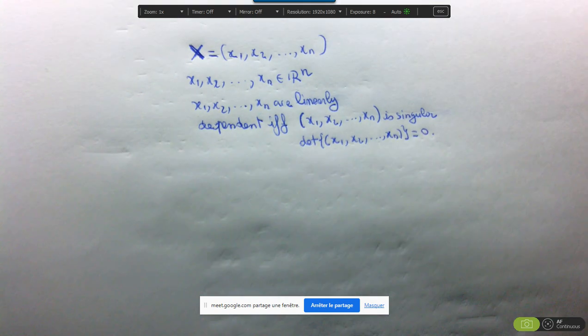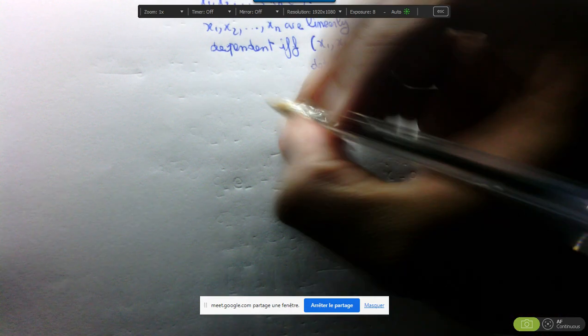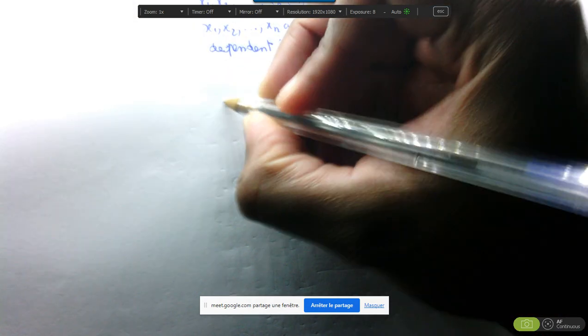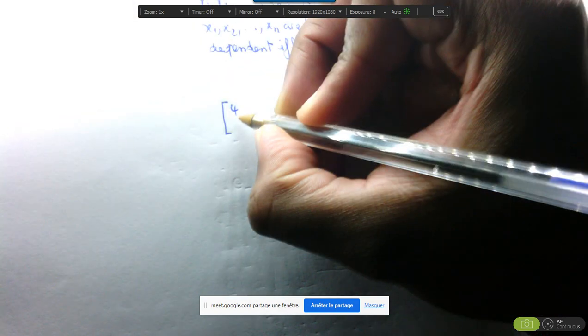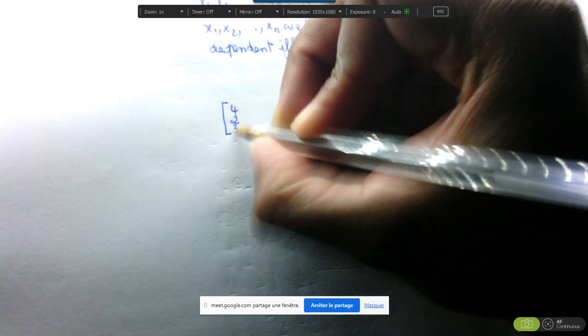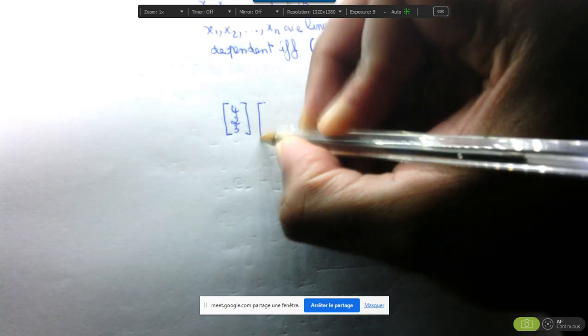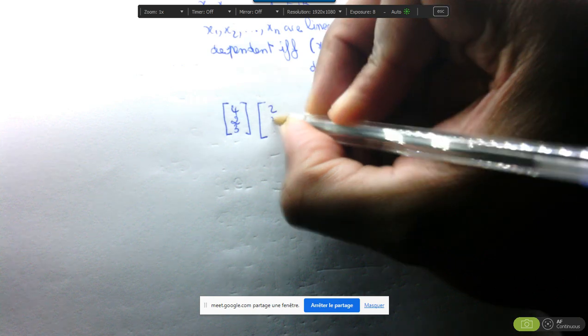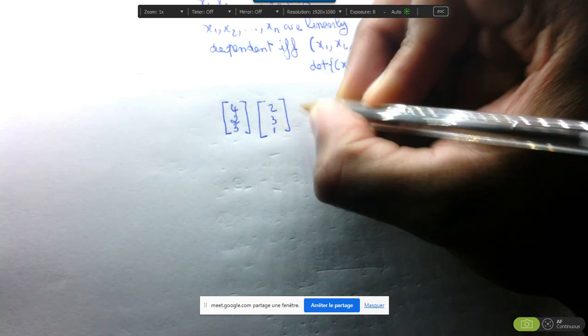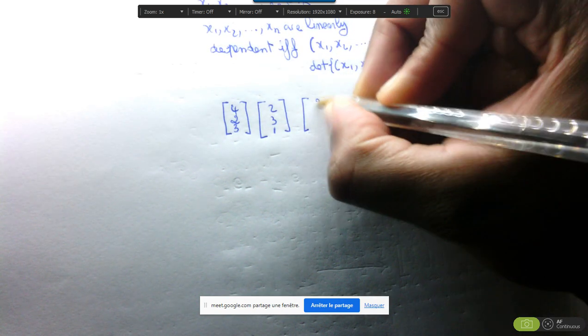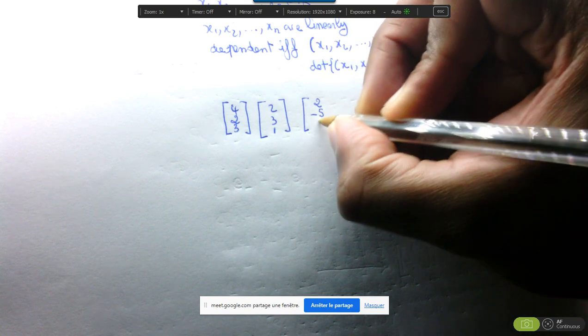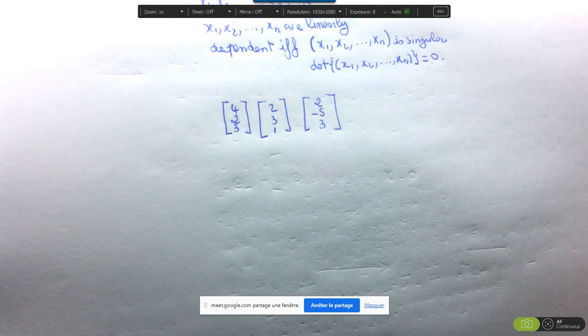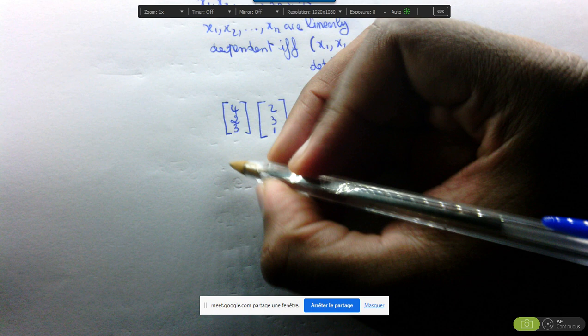So here we have three vectors, 4, 2 and 3, and we have 2, 3 and 1, and we have 2, negative 5 and 3. So what we need to do, we can put them inside of a matrix.